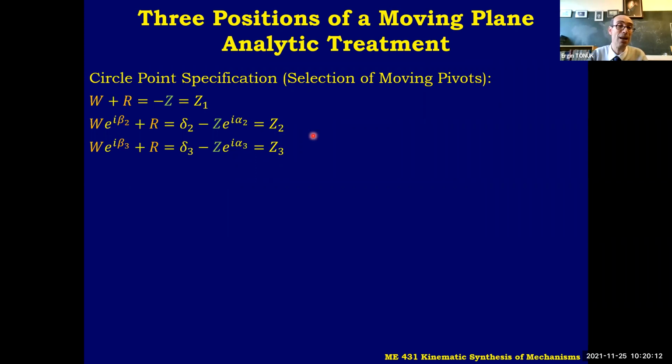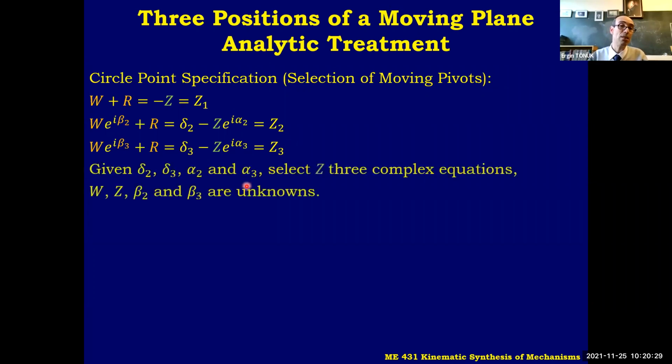Now, this time, rather than using these as your free parameters, actually you use z. That is, you select where A1 is going to be, the first position of the moving pivot. So, still, you're given the displacement of the representative point on the moving plane and the rotation of the moving plane. You select z, which is the location of A1.